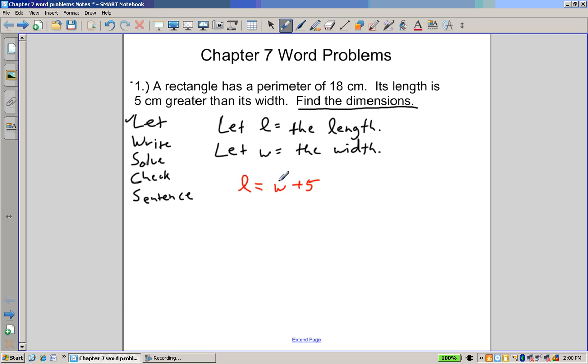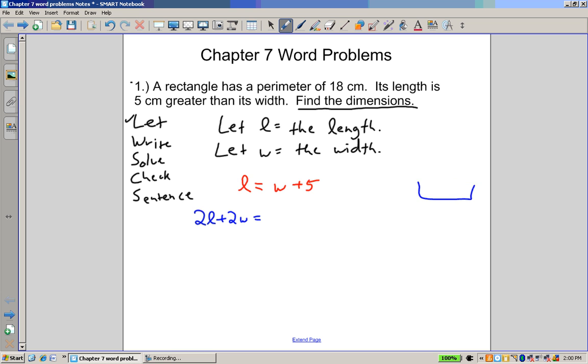There's two variables. Generally speaking, however many different variables you have, that's how many equations you'll need to be able to work with the system. So here, two unique variables will need two equations. Now, it also tells us that the perimeter is 18 centimeters. If you're familiar with a rectangle, you know that perimeter is going to be two lengths plus two widths.